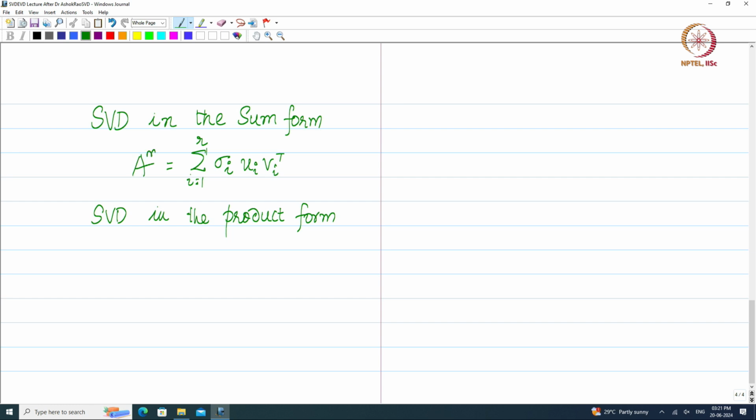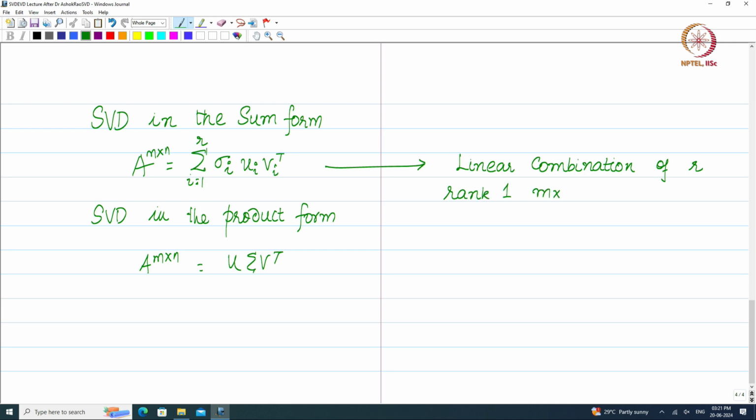What we see here is also a linear combination of R rank 1 m by n matrices.